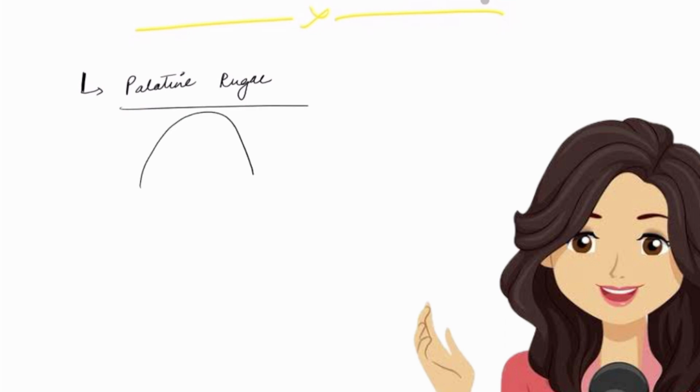All of you have seen palatine rugae in our patients. You have an incisive papilla here and you see anteriorly these folds of structures which are present. That is palatine rugae. So what are they?